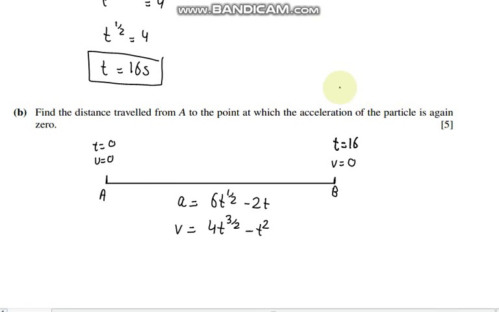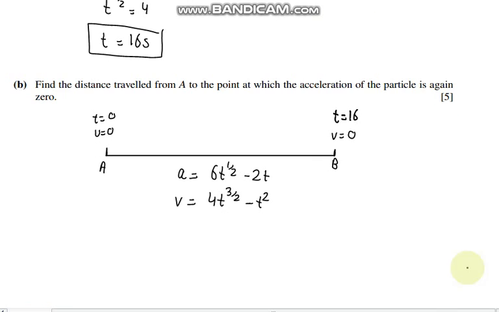In part B it says find the distance traveled from A to the point at which the acceleration of the particle is again 0. So what we need to do is put acceleration equals 0, find the time t at which the acceleration is 0, and for that time we need to find the distance. So let's first find the t at which the acceleration is 0.